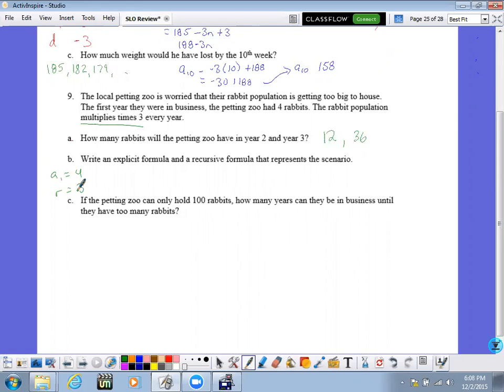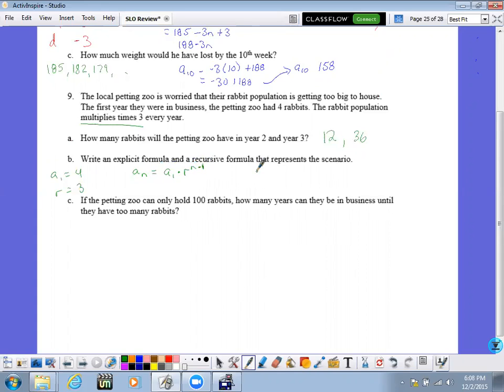Your explicit formula for a geometric sequence is going to be a sub n equals your first term, so a sub 1, times your ratio raised to the n minus 1 power.